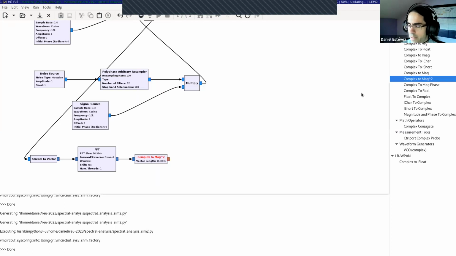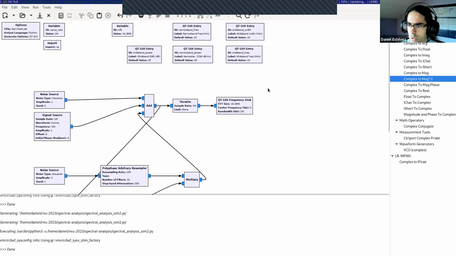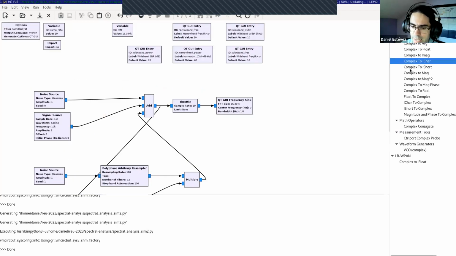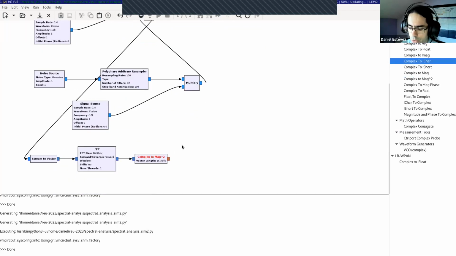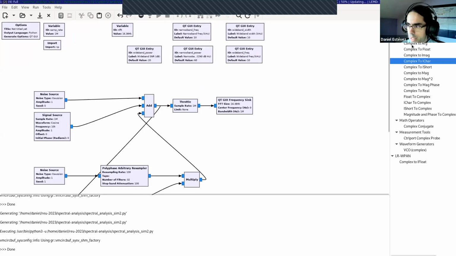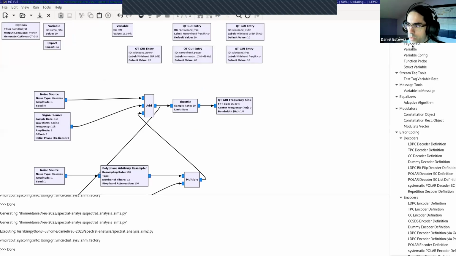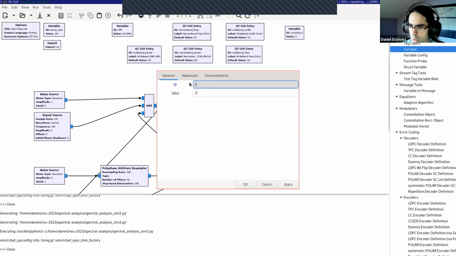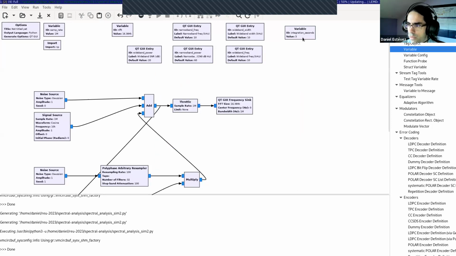So, okay, NFFT. The next thing we want to do is to integrate, because we want to add many FFTs for a certain number of seconds, and I'm going to add a variable to define that. And the variable will be called integration seconds, and I'm going to set this to 5.